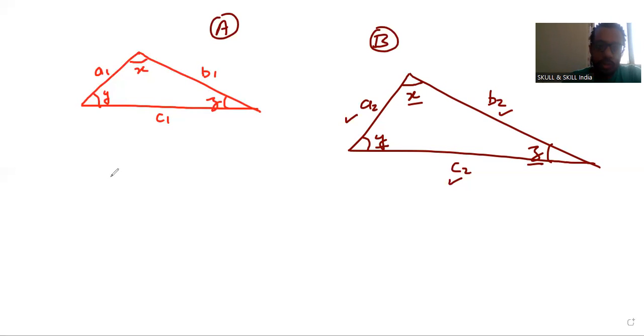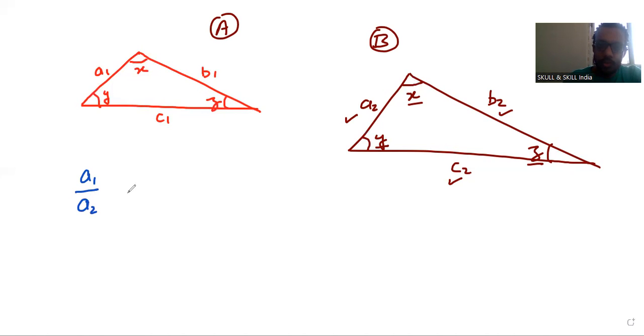Okay. So now what you do is, once you are done with this, you have A1, B1, C1, A2, B2, C2, and you have made sure that angles are equal. This angle is equal to this one, and this one is equal to this one. Now all you have to do is find these ratios.